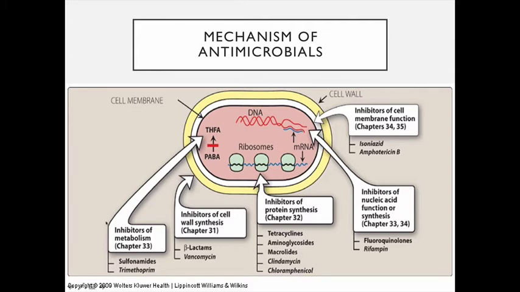Then finally, our last one over here, I don't think I talked about these ones, and these are drugs that inhibit metabolism. So sometimes we refer to these as anti-metabolites, or what they're doing is they are going to get in the way of the metabolic pathways. As we know, bacteria divide super fast, and therefore they need a really constant supply of nutrients and metabolites.